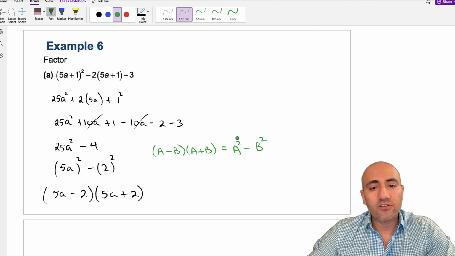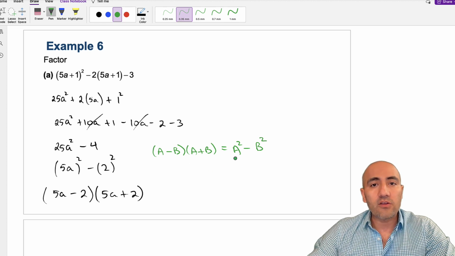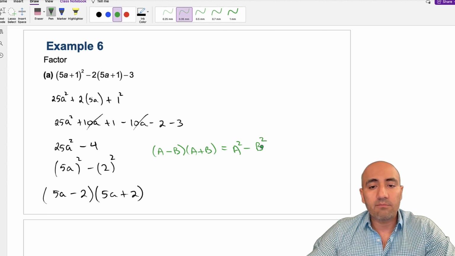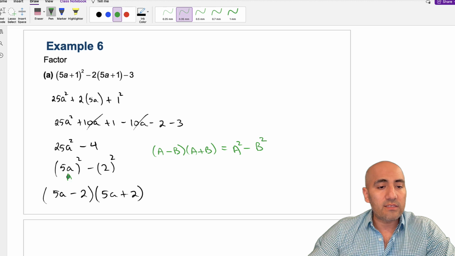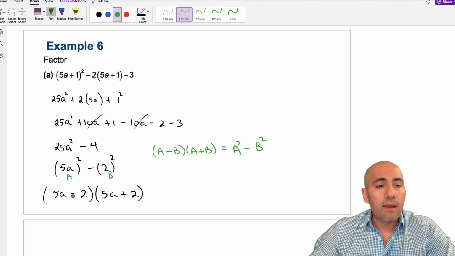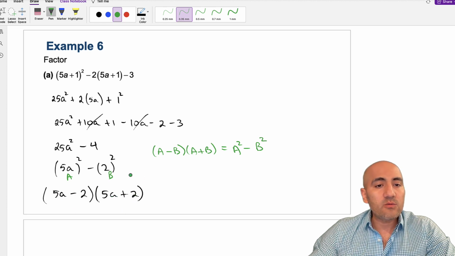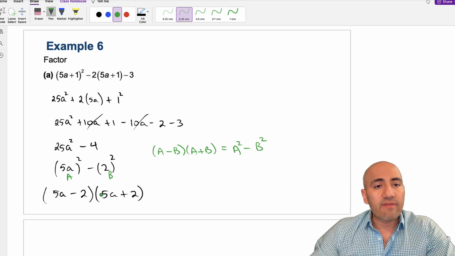So in this direction it's multiplication, and in this direction it is factoring. So if I notice that I have something squared minus something squared, I know that it factors this way. So here this is my a, this is my b, so it'll be a minus the b, a plus the b. Okay, so this worked out nicely. That's one way that you can factor this.